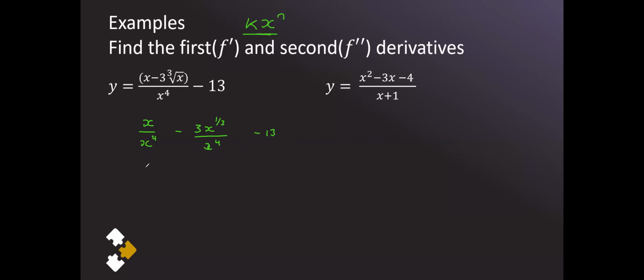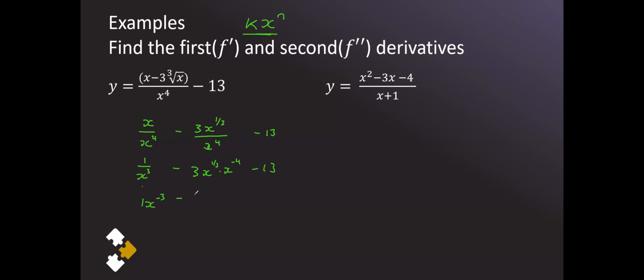I'm going to try and get it in that form. So here we have 1 over x to the power of 3 minus 3. I'm going to just say this is x to the 1 over 3 multiplied by x to the minus 4, and minus 13. Let's fix this. This is just x to the power of minus 3 with a 1 in front.